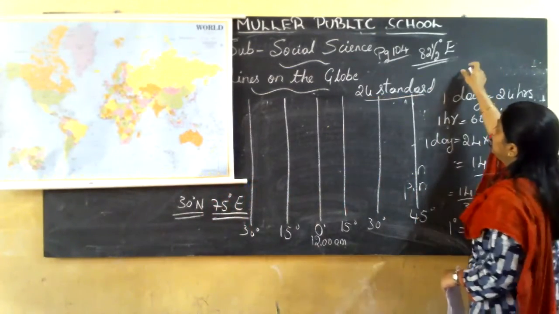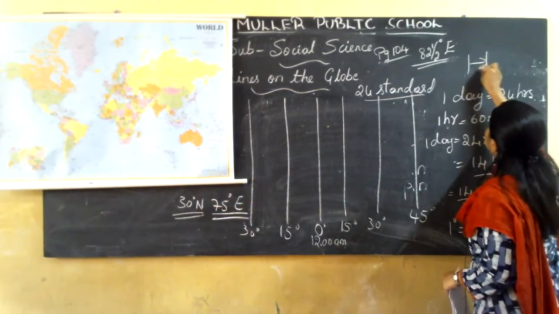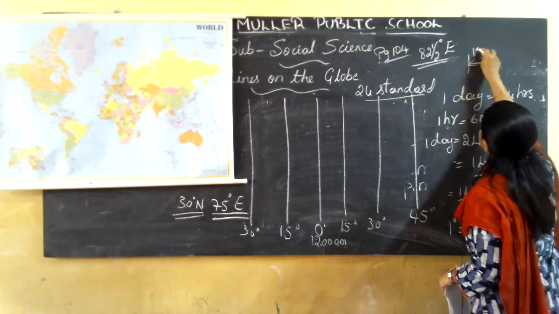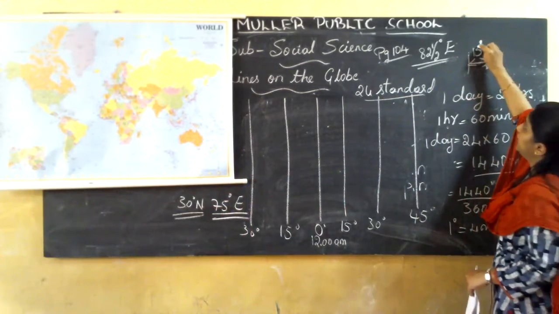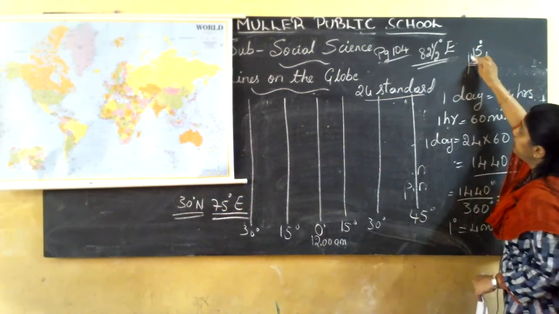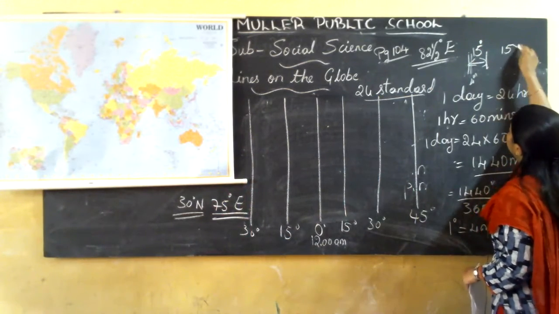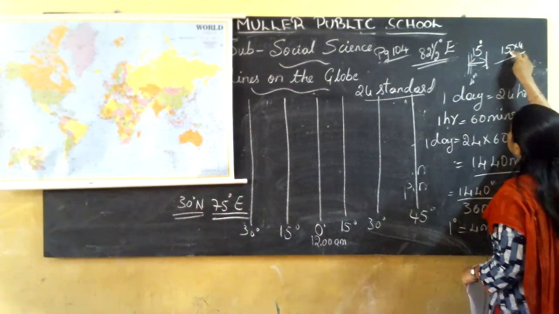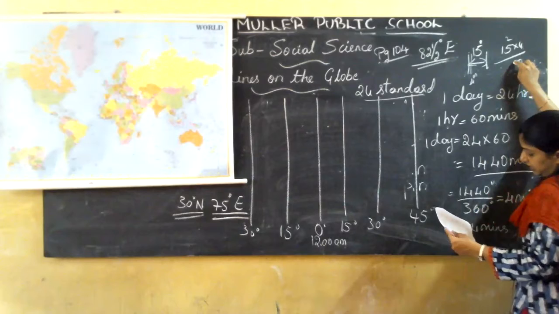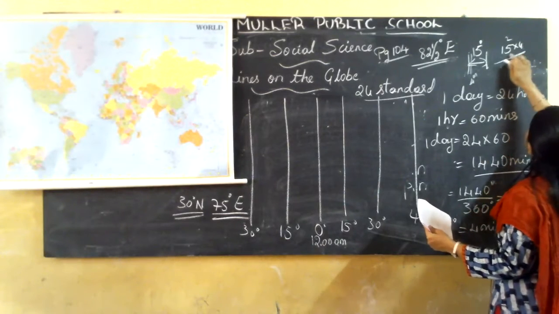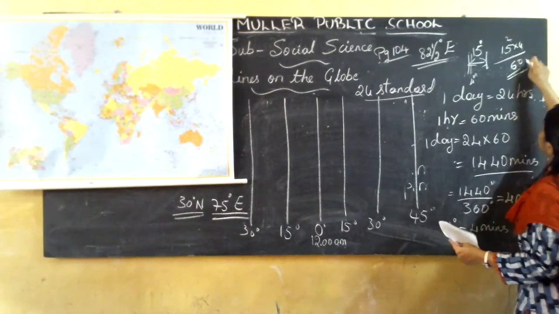I told you that there are 24 standard meridians, isn't it? Each standard meridian is at a 15-degree interval. So if each degree is 4 minutes, then 0 to 15 means 15 into 4. 4 5s are 20, 4 1s are 4, that is 60 minutes.